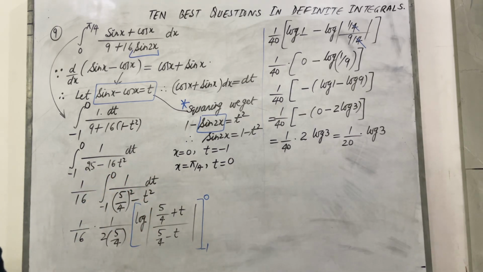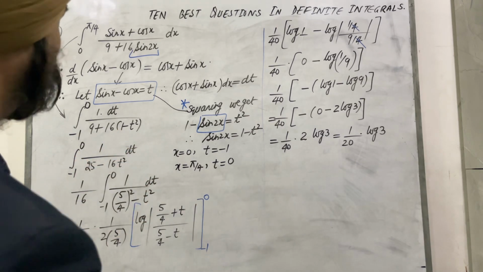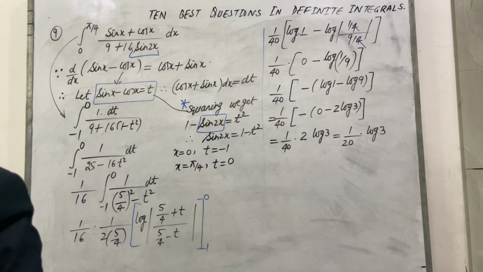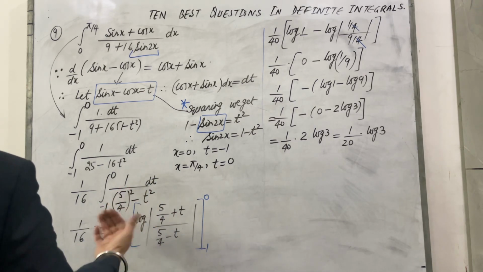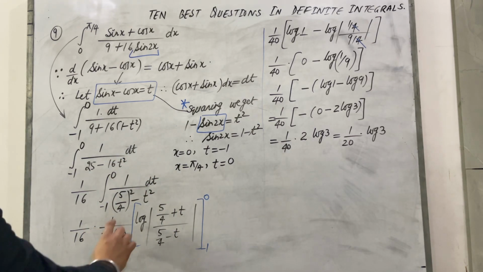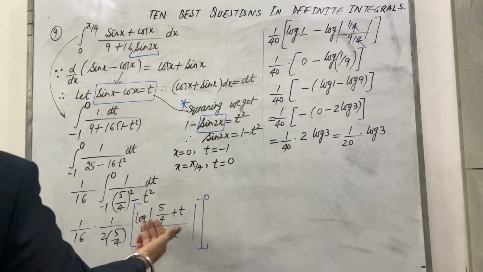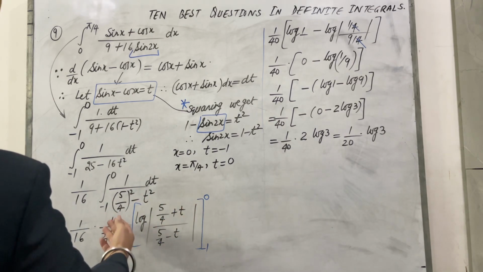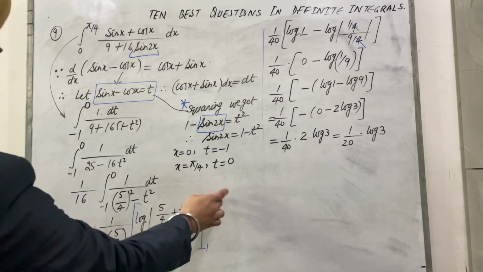This is t square. Now this is like 1 upon a square minus x square, which is 1 upon 2a log mod (a plus x) upon (a minus x). In place of a we have 5 by 4, in place of x we have t. So it is 1 upon 2 times 5 by 4, log mod (5 by 4 plus t) upon (5 by 4 minus t), within the limits minus 1 and 0.